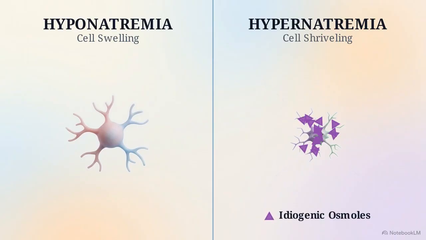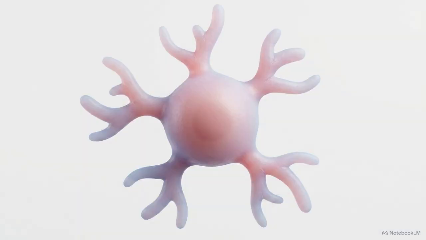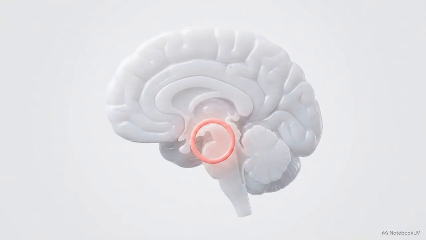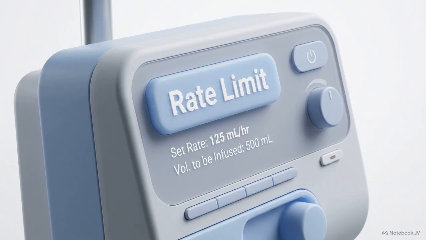The brain defends by generating idiogenic osmoles to draw water back in. These osmoles are metabolized slowly. Correcting hypernatremia too quickly will flood the neurons before they clear these osmoles, causing massive cerebral edema and central pontine myelinosis. To prevent this, the speed of sodium correction is limited to a maximum of 0.5 milliequivalents per hour.